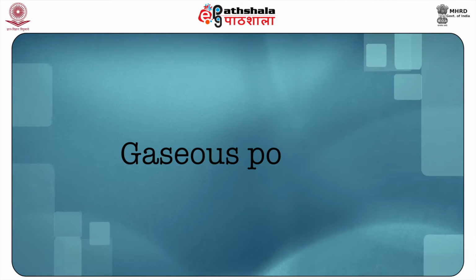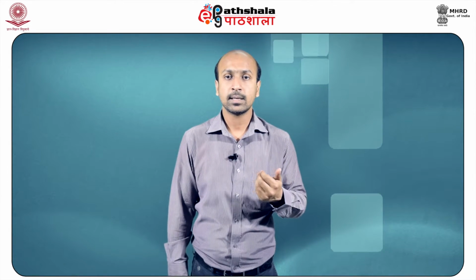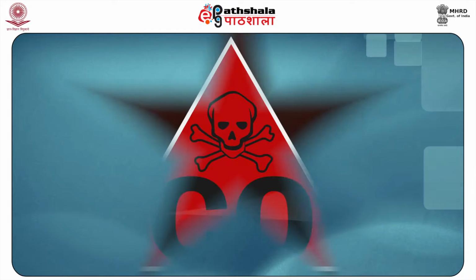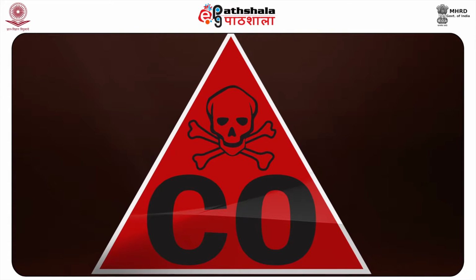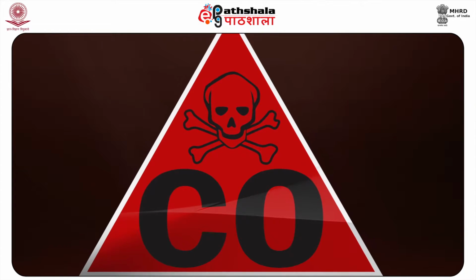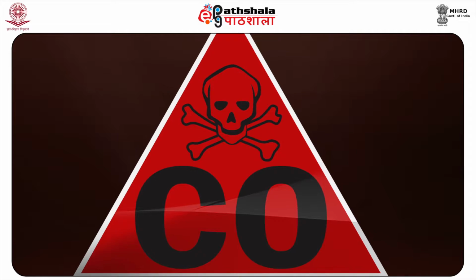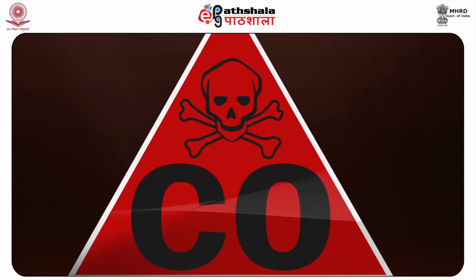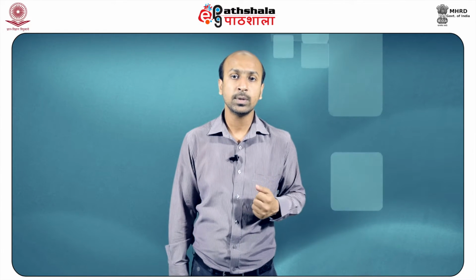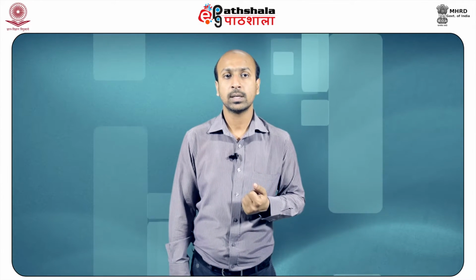The third one is gaseous poisons. Toxic gases are responsible for a large number of deaths each year. One culprit is carbon monoxide, produced as a byproduct of combustion. Anytime there is a fire or open flame, a significant amount of carbon monoxide can be produced. Cars are based on internal combustion, so car exhaust contains carbon monoxide.